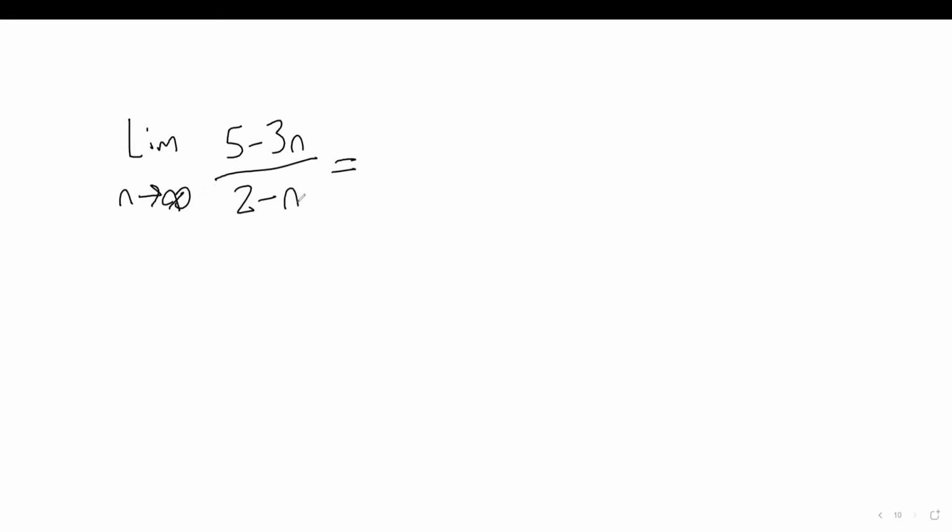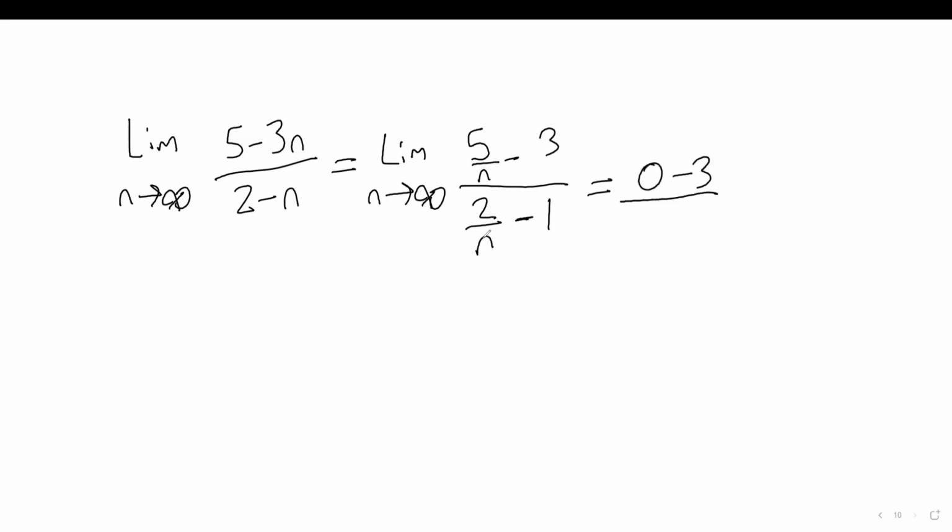To evaluate the limit of this, we can divide through by the highest power of n. You can't leave off the limit sign. You have to write the limit as n approaches infinity of 5 over n minus 3 over 2 over n minus 1. When n goes to infinity, we get 0 minus 3 over 0 minus 1.